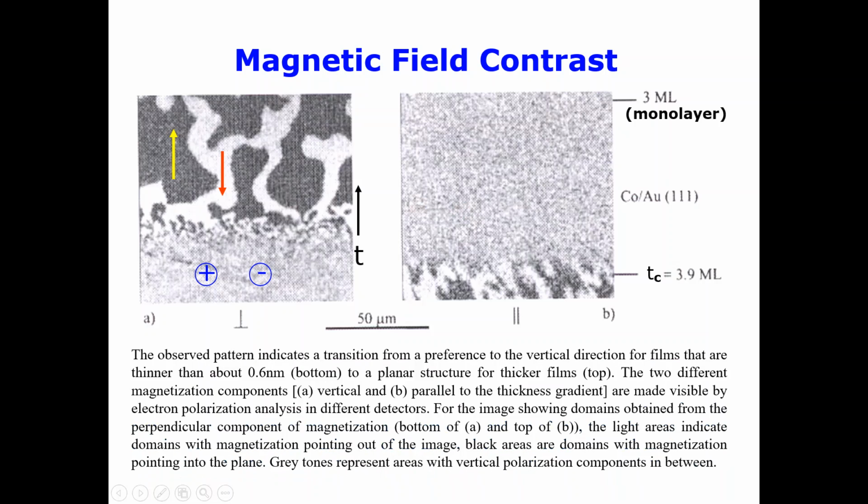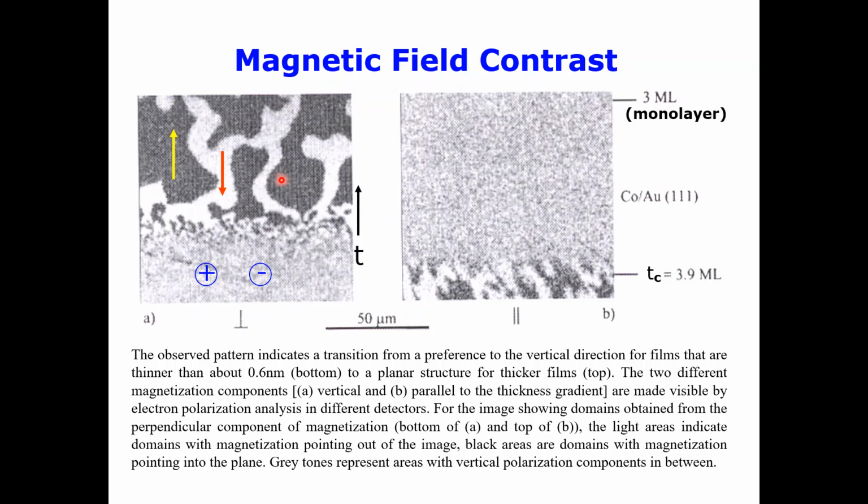If you observe the pattern, it clearly indicates the transition from a preference for the vertical direction for films that are thinner than about 0.6 nanometers at the bottom, to a planar structure for a thicker film at the top.